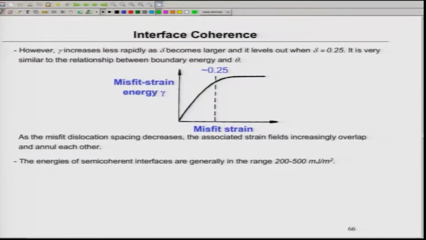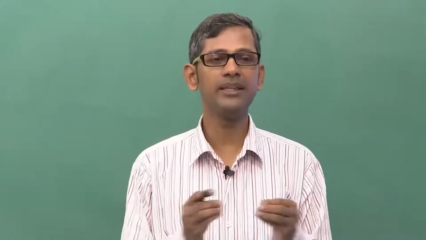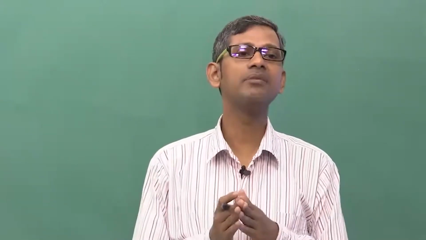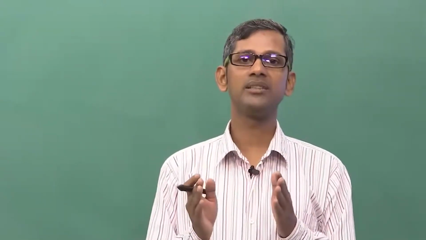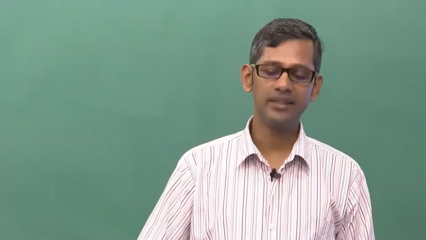Again, coming from the low angle grain boundary discussion, as you create more misfit dislocations or decrease the misfit dislocation distances, after some increase in the number of dislocations, their strain fields will start to overlap, and the moment the strain fields start to overlap, negative and positive strain fields may cancel each other, and this can lead to leveling of the misfit strain energies.